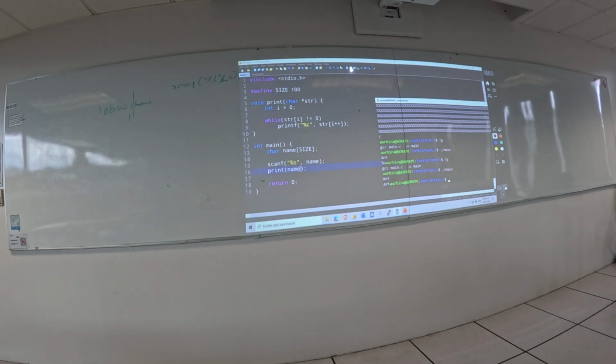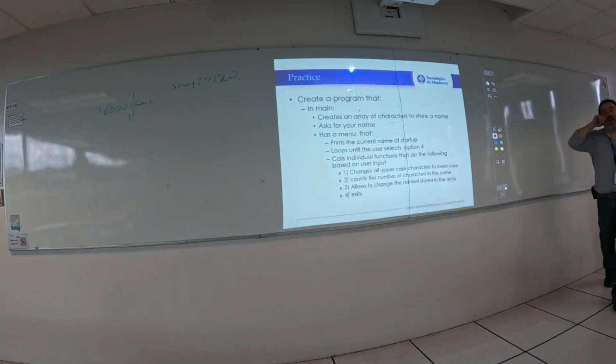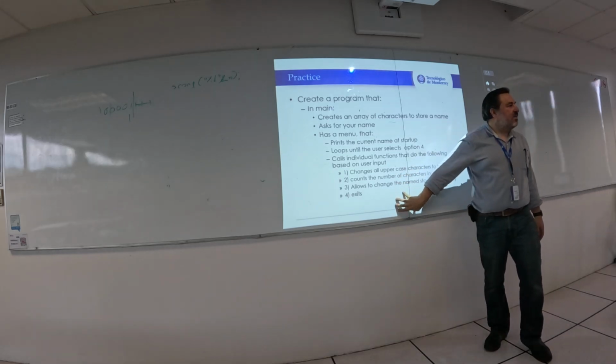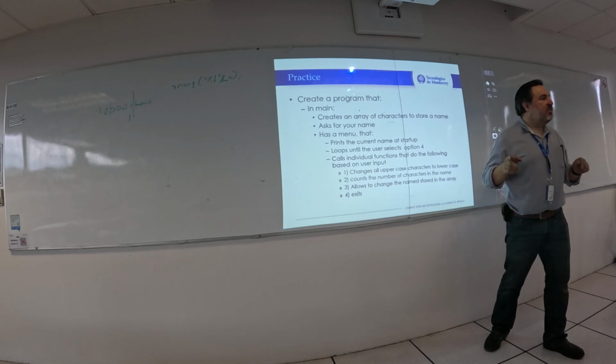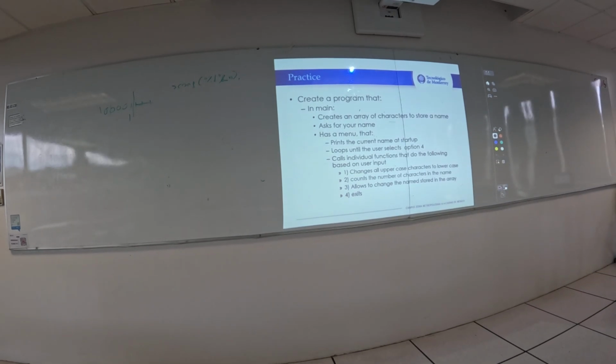Okay? I left you an exercise in the slides so you can practice. Based on that, you can create a menu and have different options over strings to practice on arrays, strings, and all that we learned today. Okay? Good? Well, see you on Tuesday.